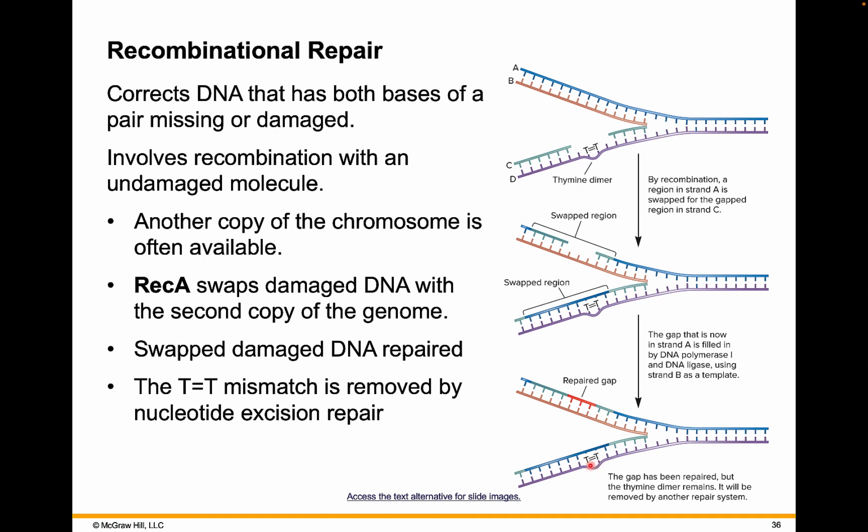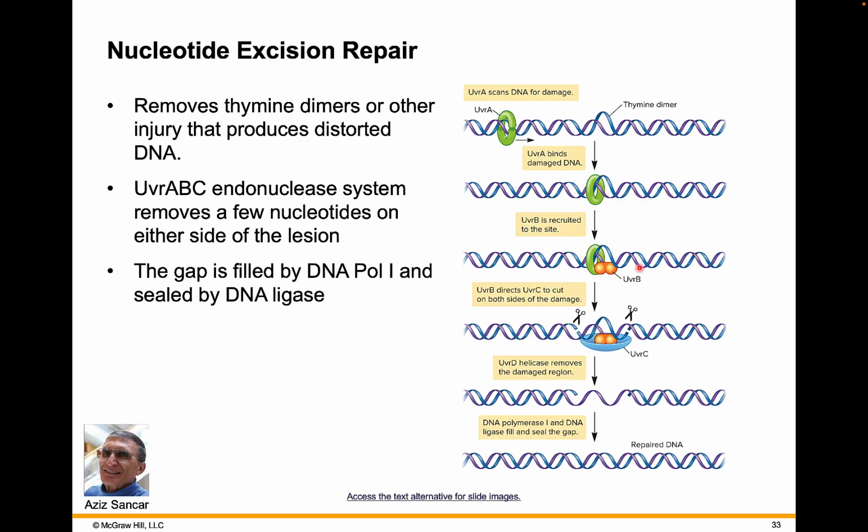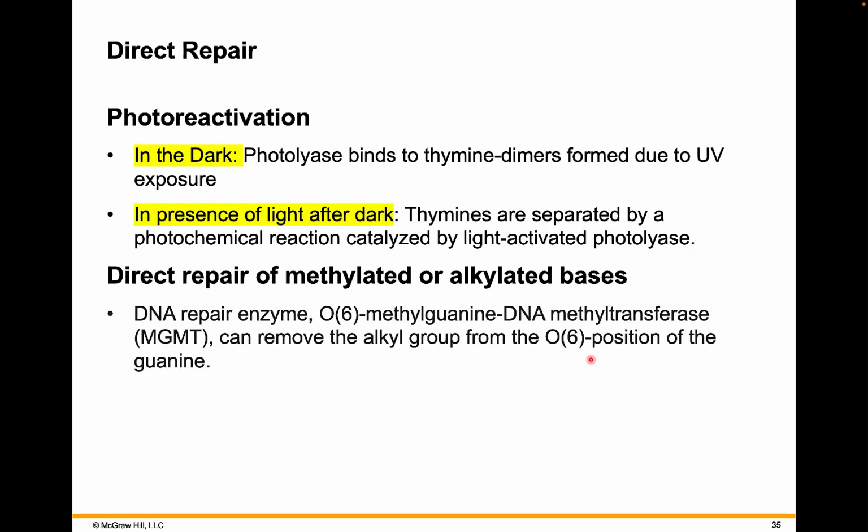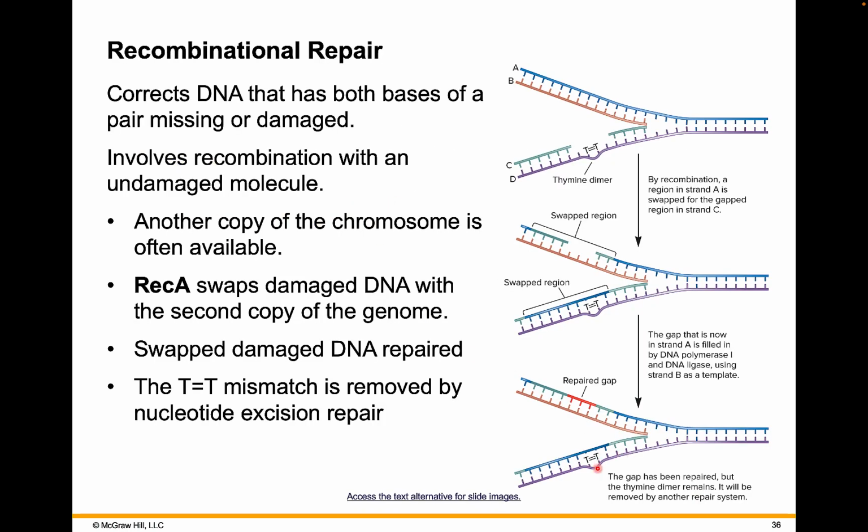Now you have a thymine dimer, and this can be repaired by another repair system, which could very well be nucleotide excision repair, removed by the UvrABC system, or even removed by photoreactivation by a photolyase. So this is a recombination repair, requiring swapping a portion of the undamaged DNA with the damaged DNA.